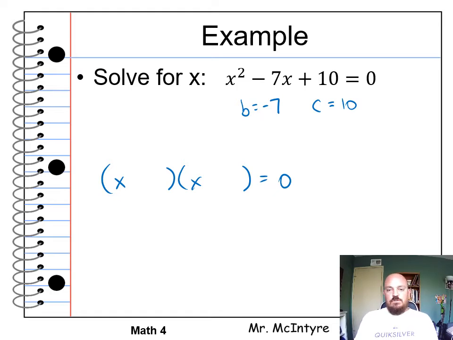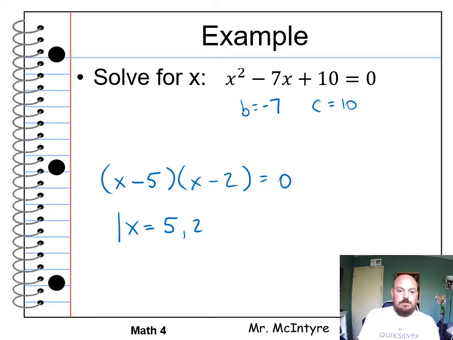So put each of those numbers after each x in either order. Maybe I'll put minus 5 on the first one and minus 2 on the second one. Now you've factored, and then remember our little shortcut from before, just change the signs. So for my answers, x ends up equaling positive 5 and positive 2.